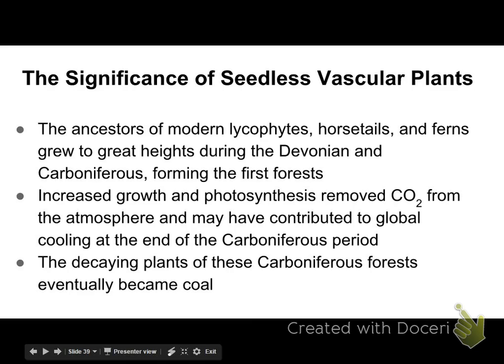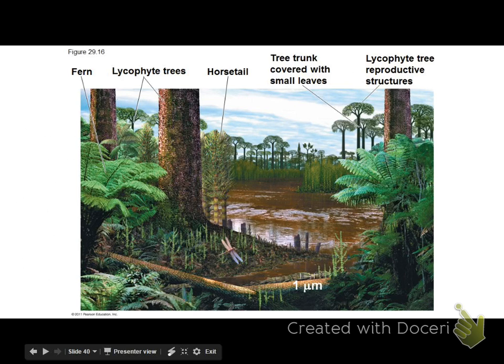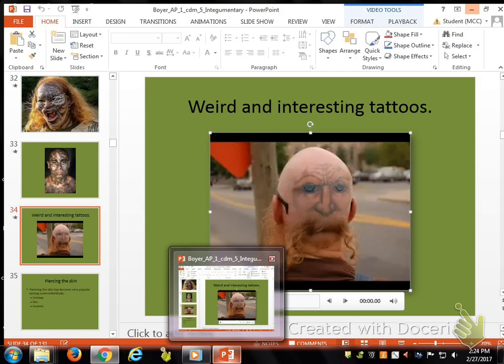The decaying plants of these Carboniferous forests eventually became coal, and so this is kind of what they're talking about. It was really just a large forest that helped the planet cool down and not be so hot for dinosaurs, and basically then all this became coal, which we use every day, and that's the end of that.